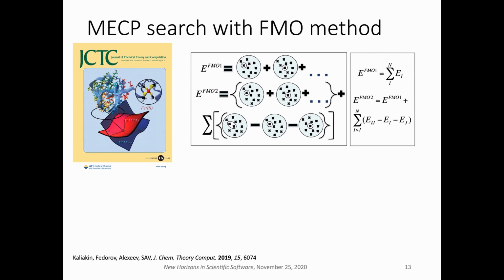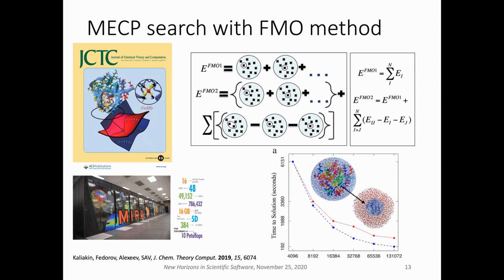The idea behind FMO is that you fragment your system, and you calculate single fragments in the Coulomb field of all other fragments, and then you calculate the interaction between pairs of fragments and so on. So it's basically a many-body expansion that makes calculations possible for very large systems.